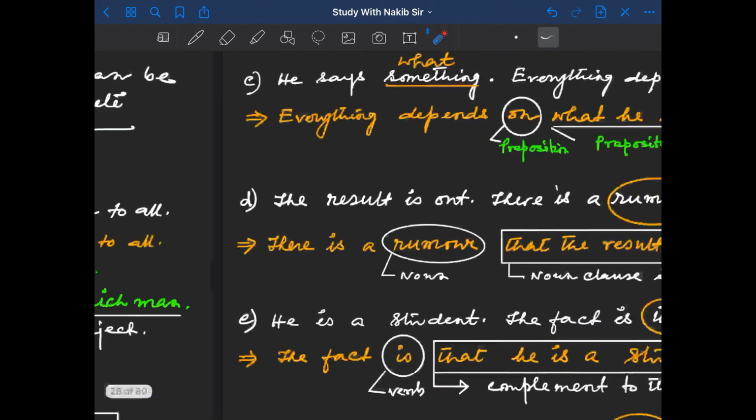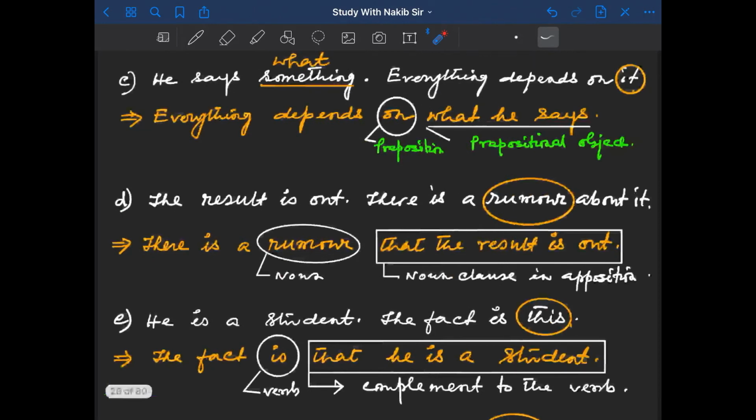Okay. Now see this. He says something, everything depends on it. So this is one sentence and this is one sentence. See, everything depends on it. It is called an object to the preposition on. What is it? It is the fact stated in the first sentence.